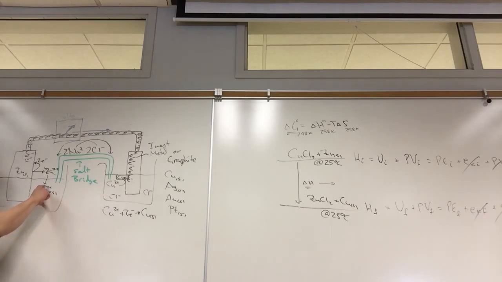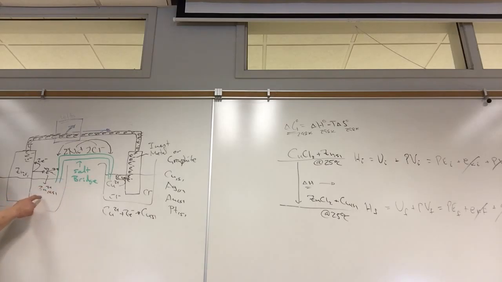Now if I weaken this further, how can I do that? By limiting or diluting it. Let's say there's 10 zincs versus 1,000,000 copper 2+s, then the voltage is going to go even higher, right? But now let's manipulate things a little bit. I'm going to put 1 billion Zn2+ here versus 10 copper 2+.